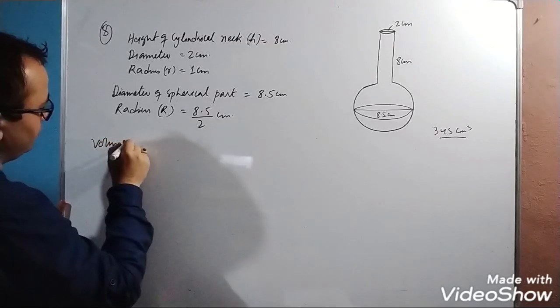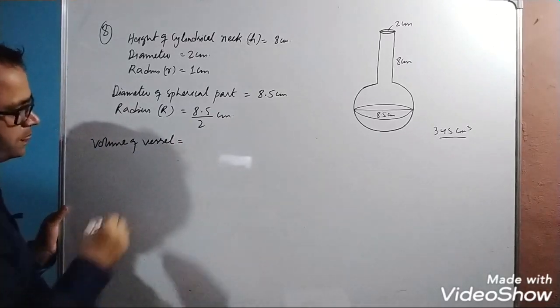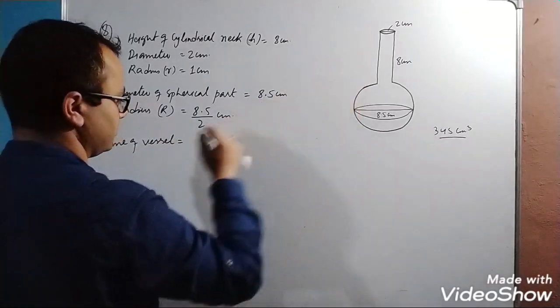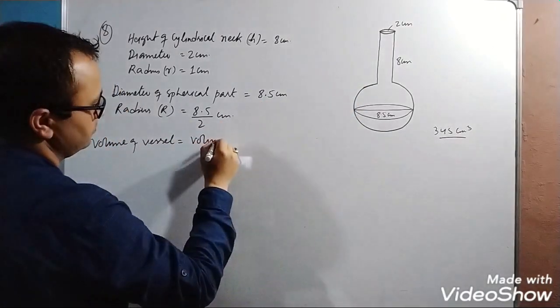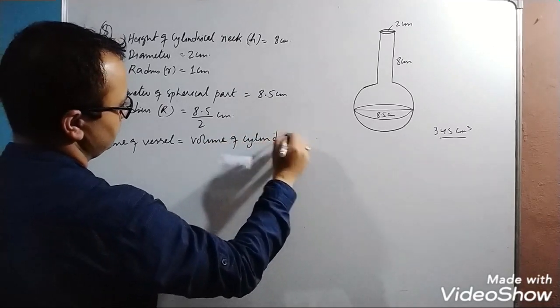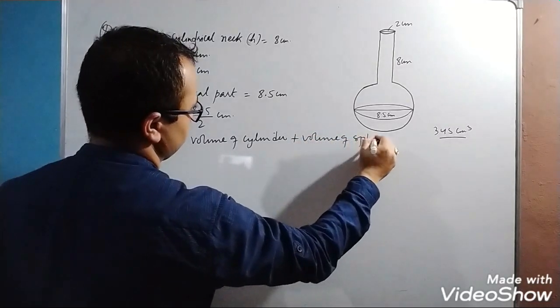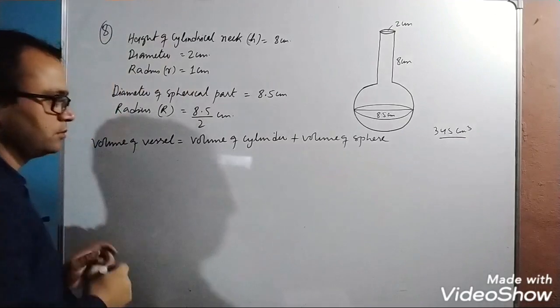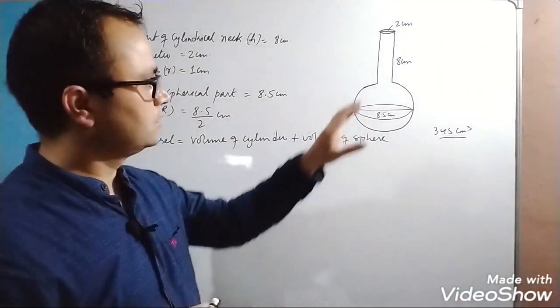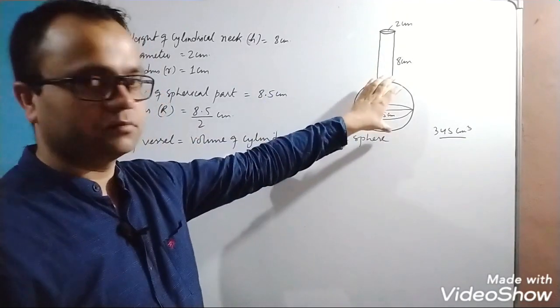So the volume of the vessel equals the volume of the cylinder plus the volume of the sphere. Why? Because the vessel has a cylindrical neck and the sphere.